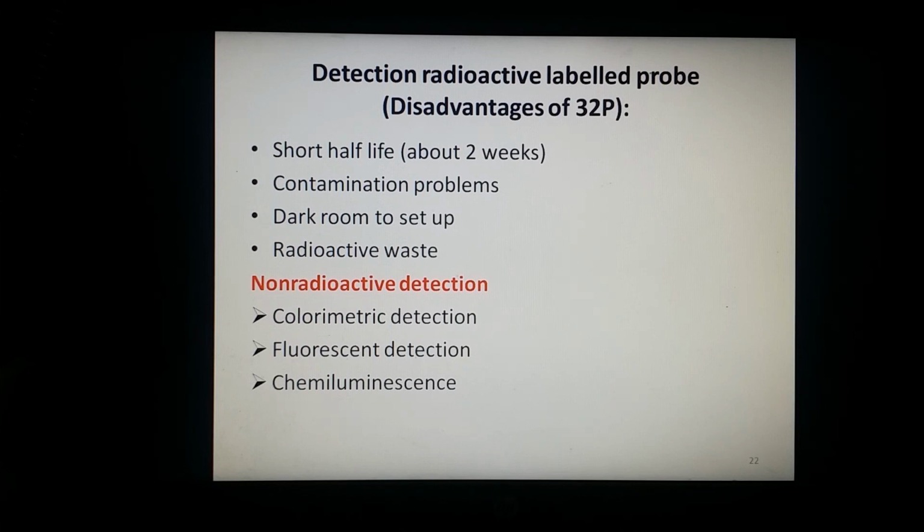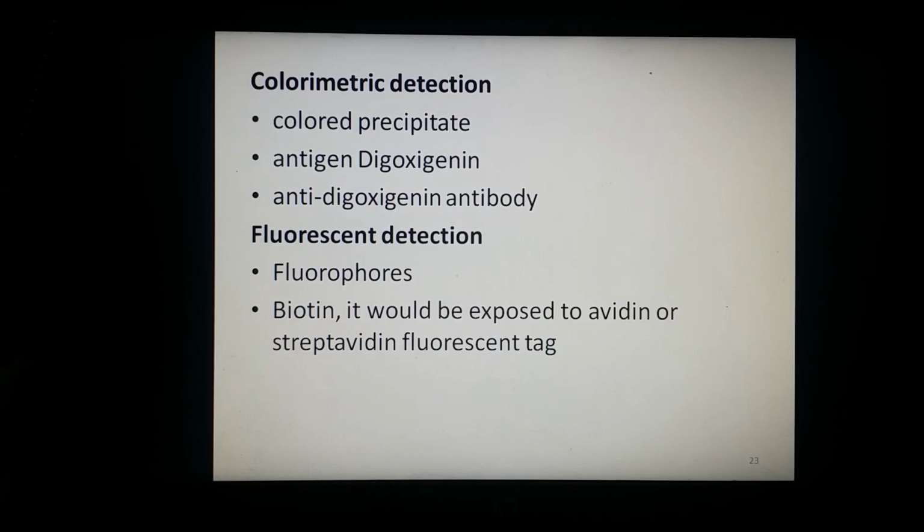Then non-radioactive detection systems are also present. These are colorimetric, fluorescent and chemiluminescent. Chemiluminescent we have discussed. We will discuss the other two in the successive slides. So what is colorimetric detection? Colorimetric detection generally involves the production of a colored precipitate, which can be seen with the naked eye.